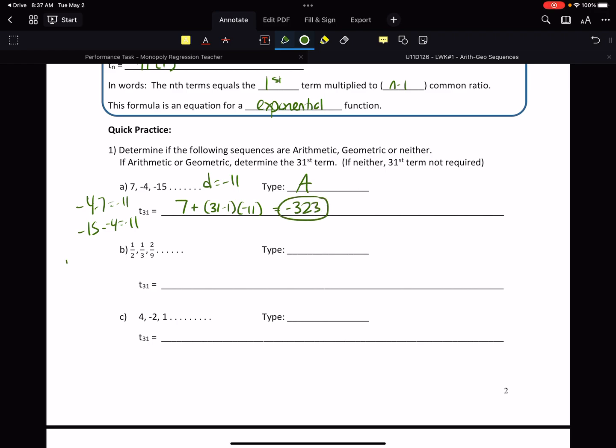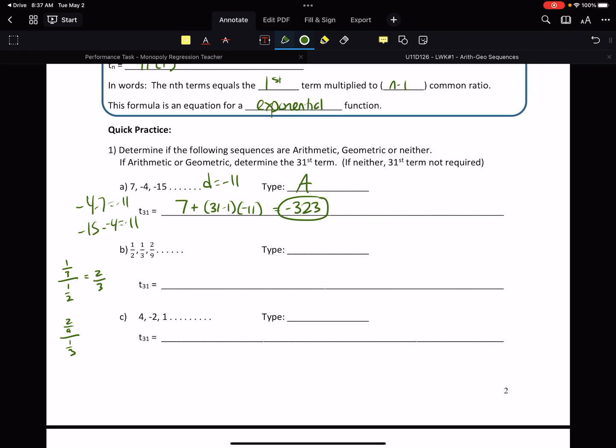All right, so here we got 1/3 divided by 1/2. That's the same thing as 1/3 times 2, so we get 2/3. Validate that one with, I went backwards, T2. Then I got 2 over 9 divided by 1/3, same thing as times 3.